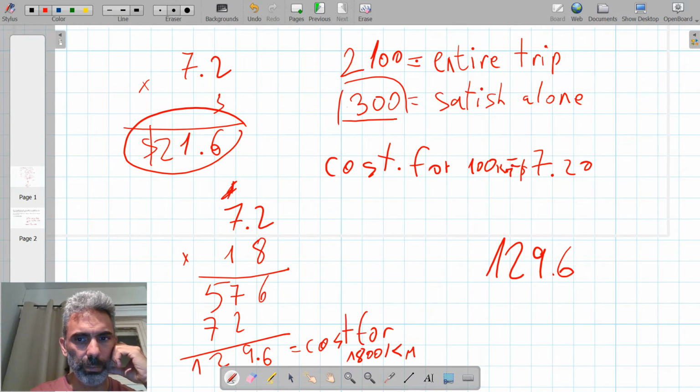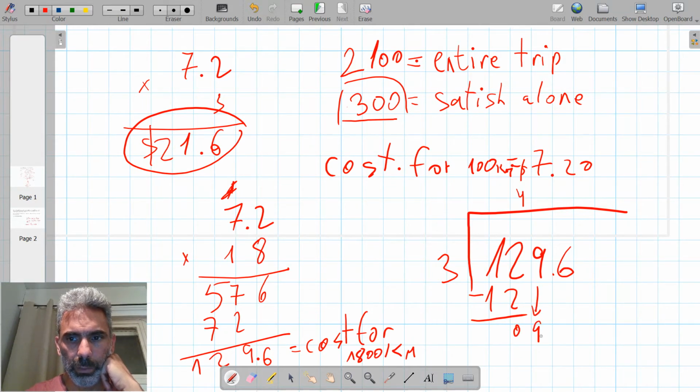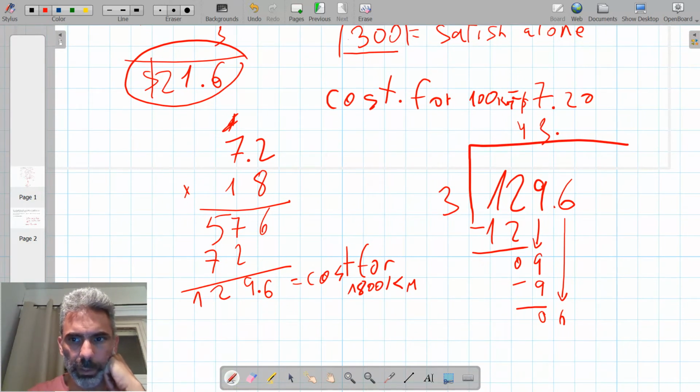So we need to split this between 3 friends. Okay, 3 goes into 12 4 times. 4 times 3 is 12. Subtract, no remainder, bring down 9. 3 goes into 9 3 times. 3 times 3 is 9. Subtract, no remainder, bring down 6. 3 goes into 6 2 times. 2 times 3 is 6.